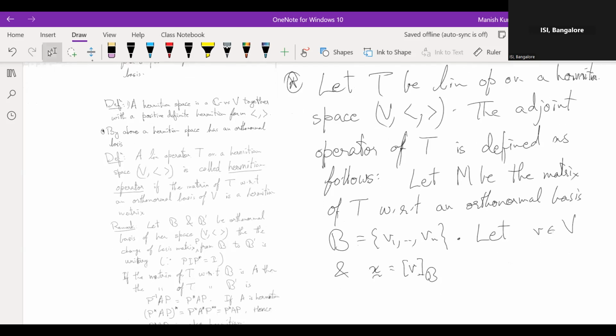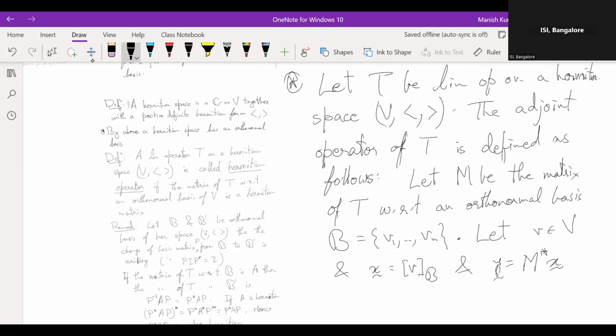And let y be M star X, the adjoint of M applied to X.